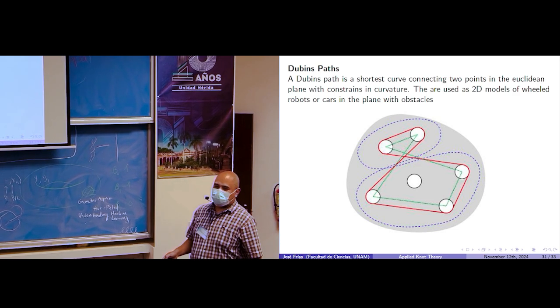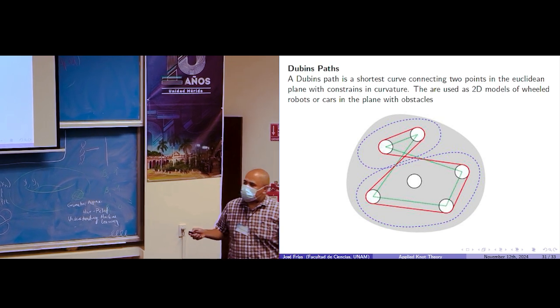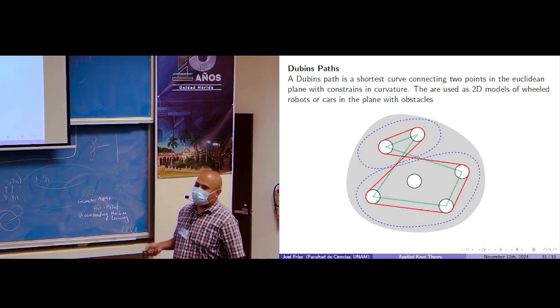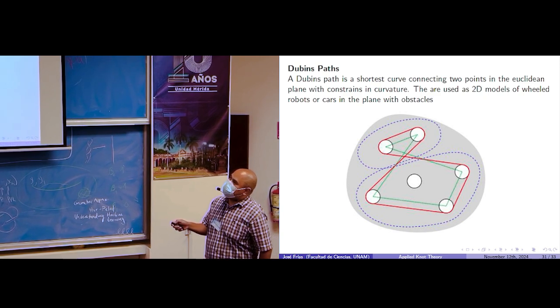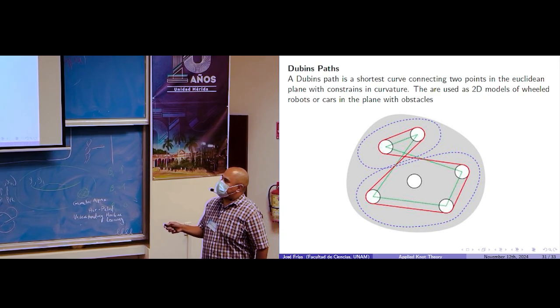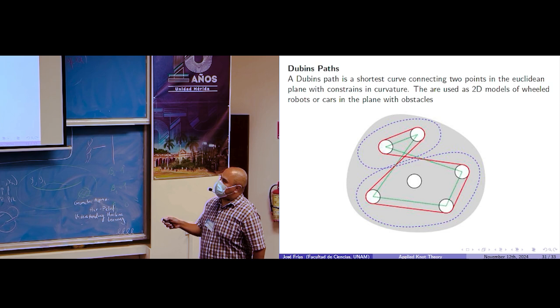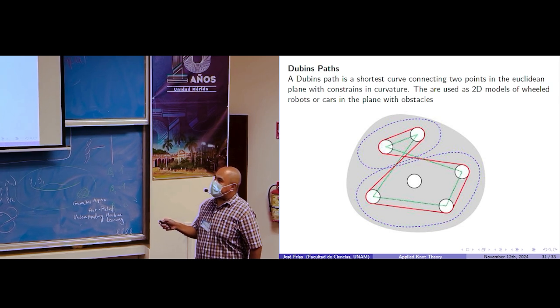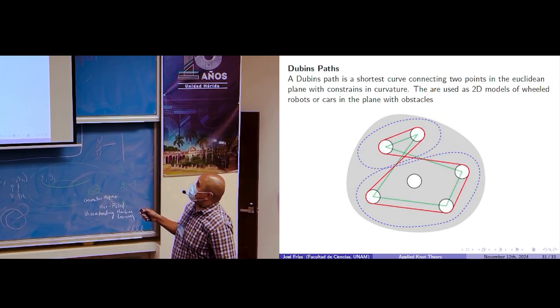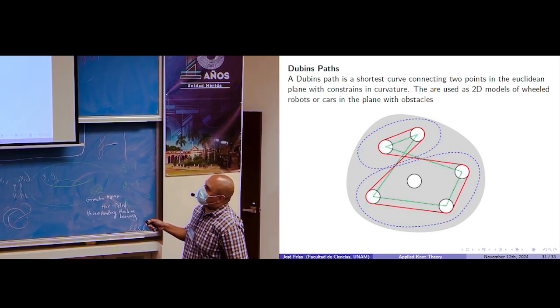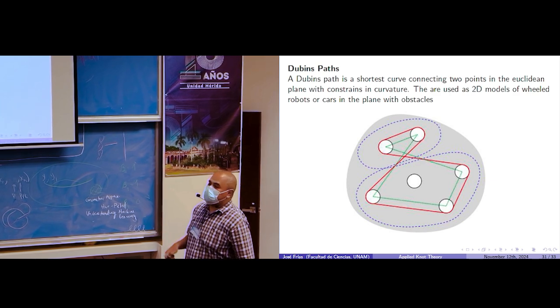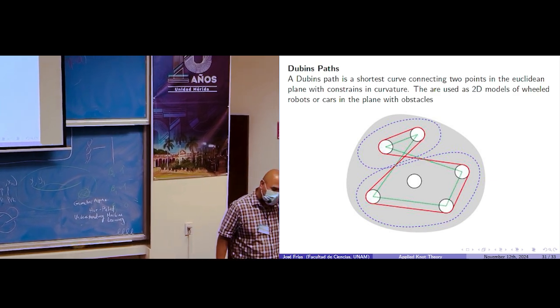It's exactly what we are doing, right? So in some sense, 1-1 knots are representing a special type of Dubins path with disks removed at specific points. And this has importance in, well, not so elaborate, but 2 models of wheeled robots or cars in the plane with some obstacles.